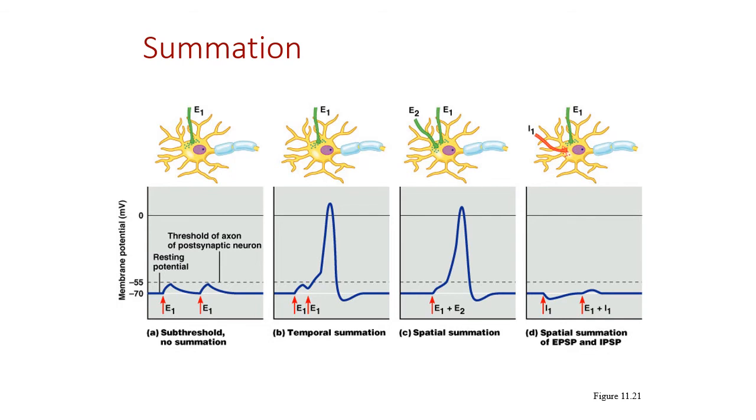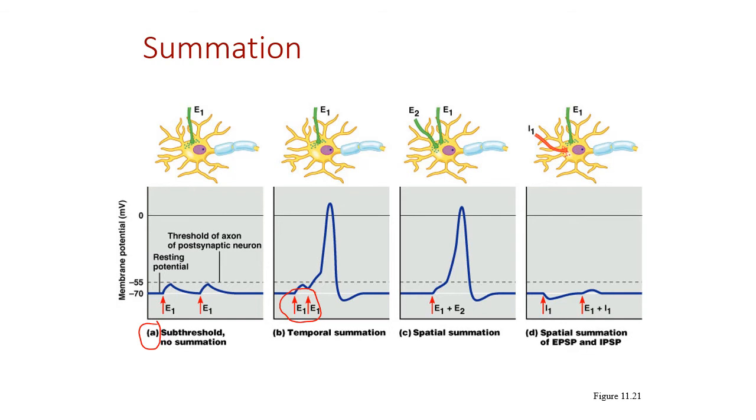And so here we can have our EPSPs. Here we have an EPSP separated by time, nothing happens. It's not close enough to the first one in order to get an action potential to occur. But if we shorten the distance in between excitations, now those two EPSPs add up to enough to get us to threshold.